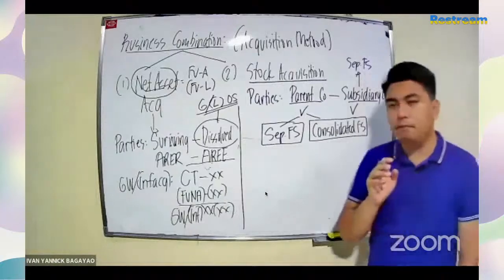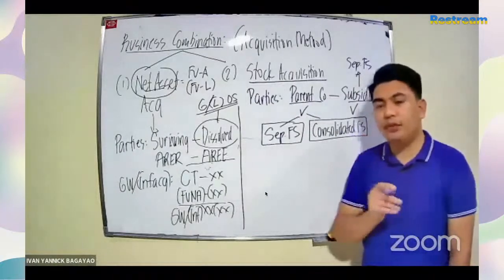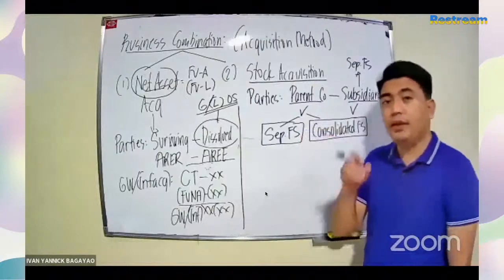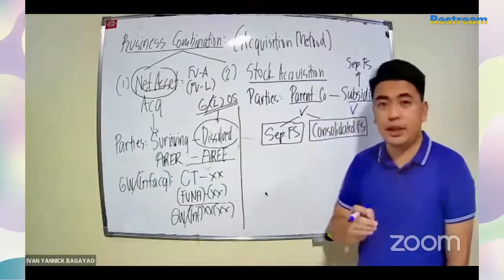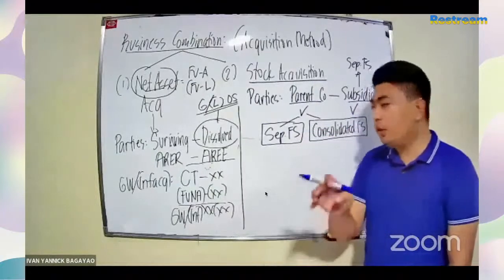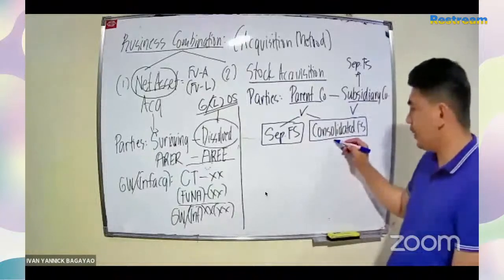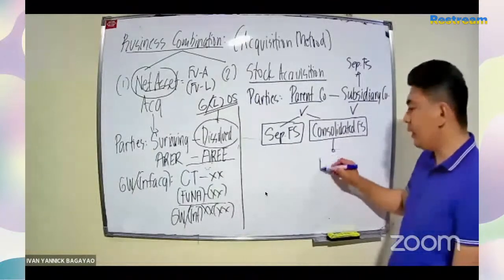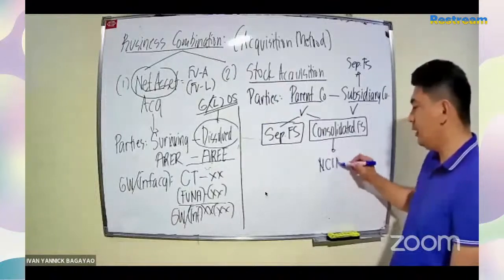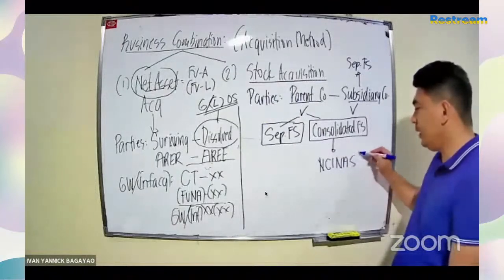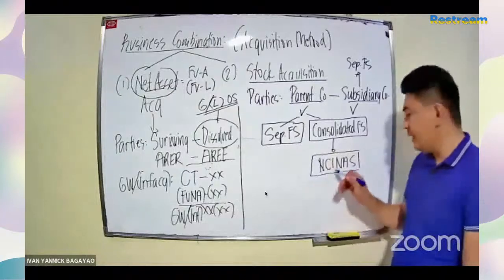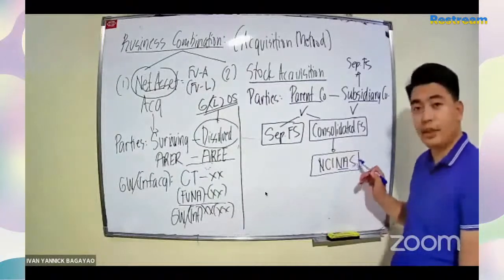So, sir, if the parent company has consolidated FS, what if the subsidiary is not fully owned? What if it is partially owned? In the consolidated FS, this is where we see and present the NC-NAS, known as the non-controlling interest in the net asset of the subsidiary.